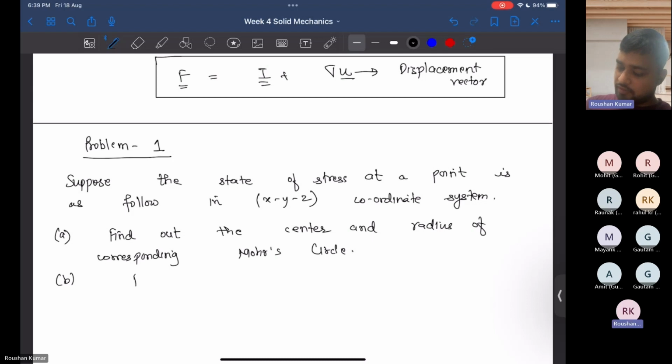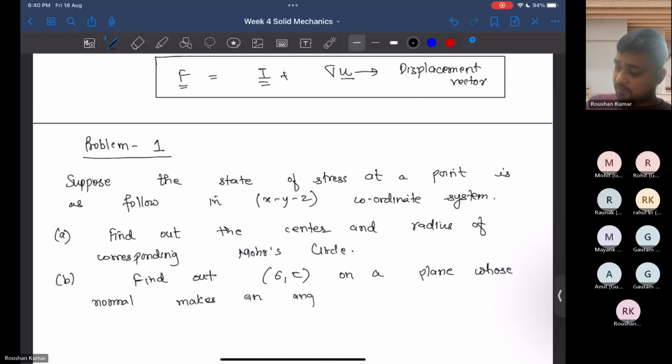The next question based on the above statement is, find out the normal and shear stress on a plane whose normal makes an angle of 15° anti-clockwise from the x-axis.